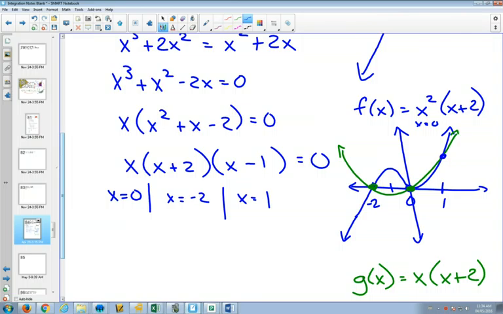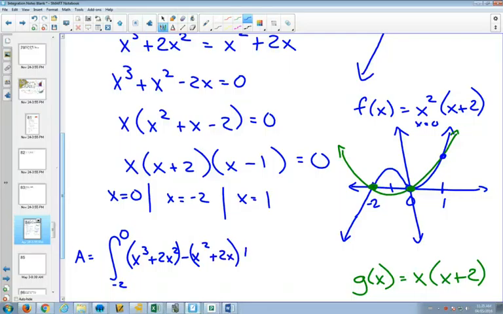So as far as writing this out, our area is going to equal the integral from -2 to 0. And now we're going to take the x cubed plus 2x squared, and we are going to subtract the x squared plus 2x. And then we're going to add the integral from 0 to 1.